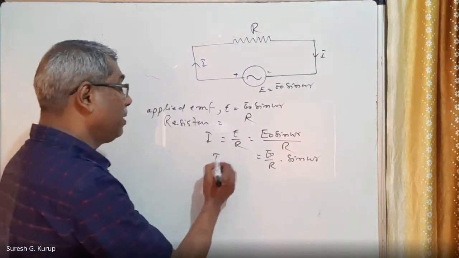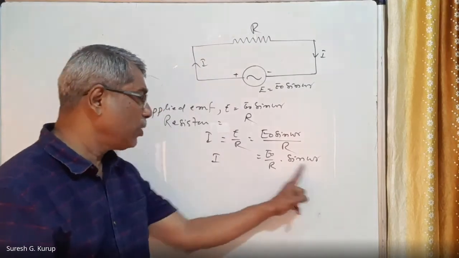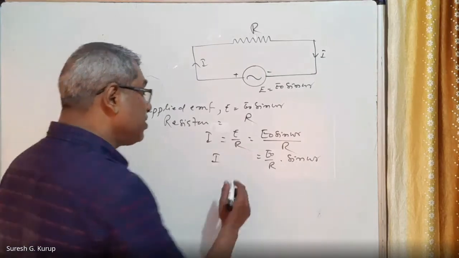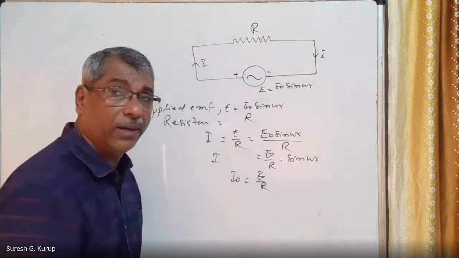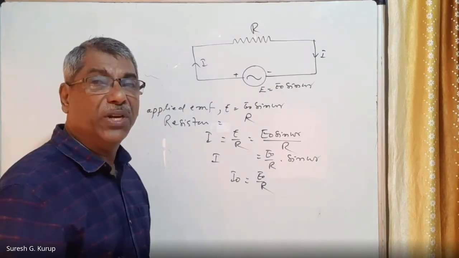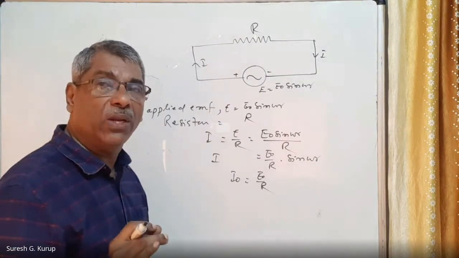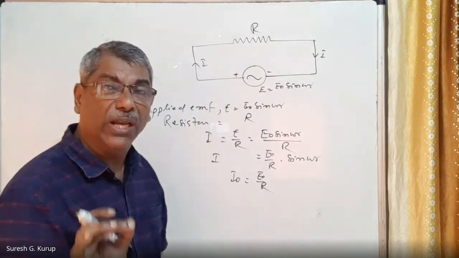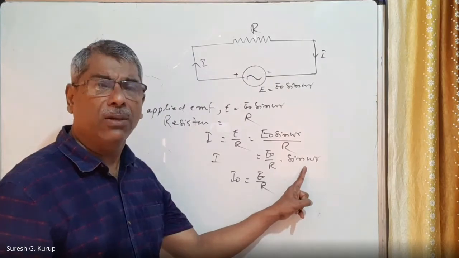This is I. But you know that when sin omega t becomes maximum, I becomes equal to I0. So we can write I0 is equal to E0 divided by R, because the peak value of current is I0. The instantaneous value of AC current is controlled by the sine of the angle, sin theta or sin omega t.